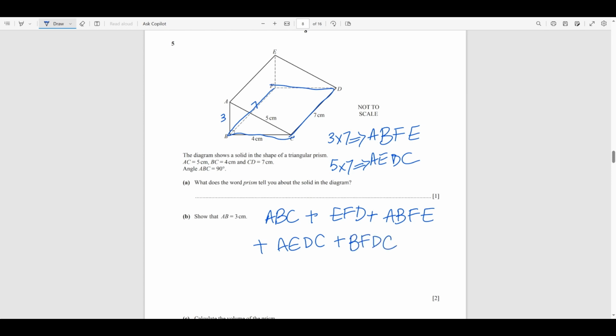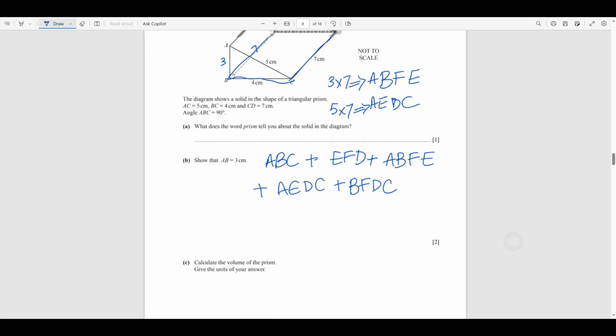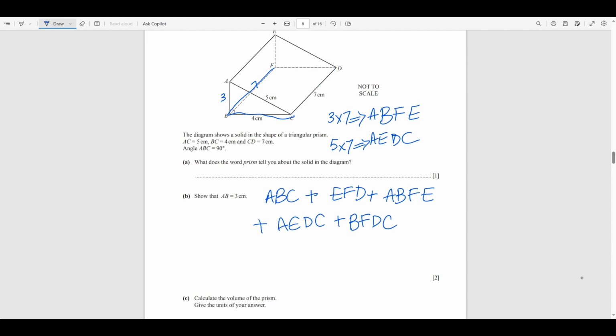Okay, so what we need to take care of here is that the lines are aligned. For example, the length DC is attached to the base and this rectangle, right? I'm talking about DC. So if we find any line DC on the net, make sure we either connect it with the rectangle AEDC or the rectangle BFDC, right?